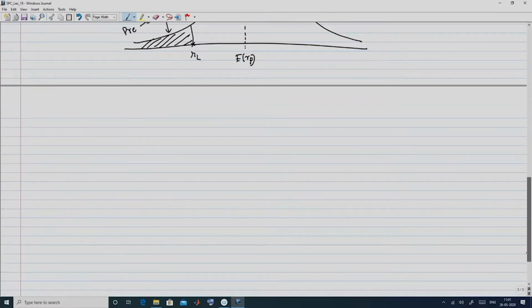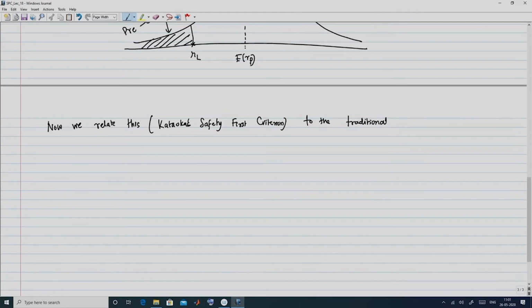Okay. So let me delve a little deeper into this. So what we do is that now we relate Kataoka's safety first criteria to the traditional mean variance approach, so accordingly let us consider the returns to be normally distributed.